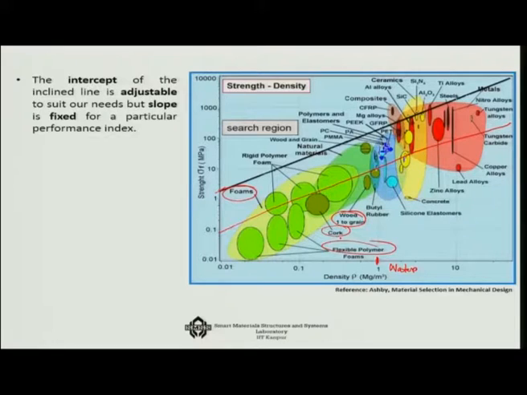Otherwise they do not come into picture. If I consider the C value as something like 1 MPa or so, then they do not come into the picture in the current condition.